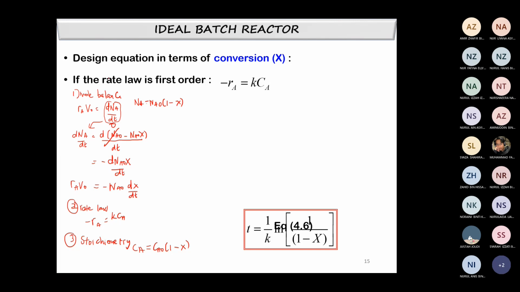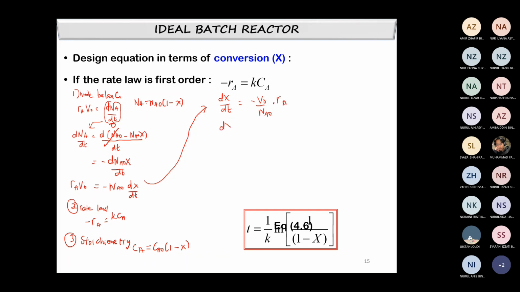Okay, so from here, we look back at this. We put on the left side dX over dt, which is equals to negative V0 over NA0 times RA. I just rearranged it from here.